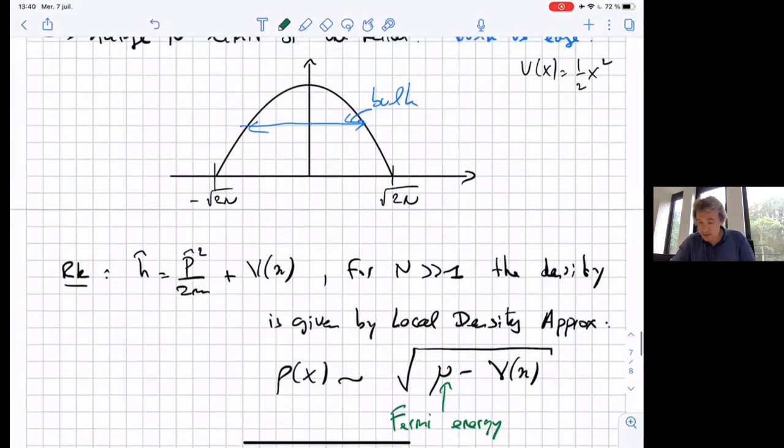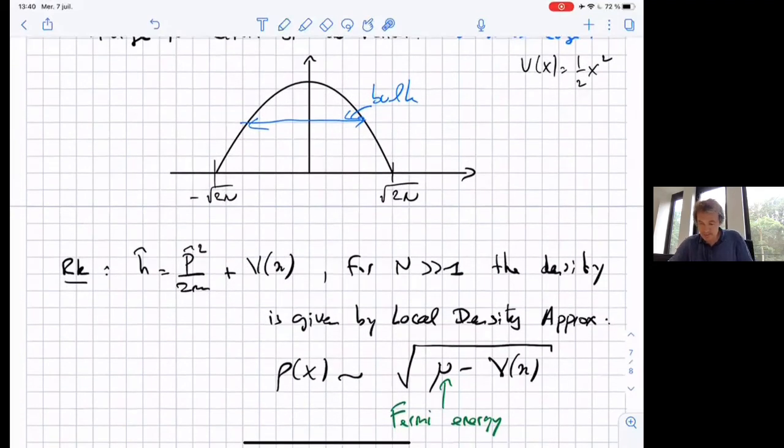It's quite nice that if you put v of x equal to x squared in this formula, then you recover, after evaluating mu, the Wigner semicircle.